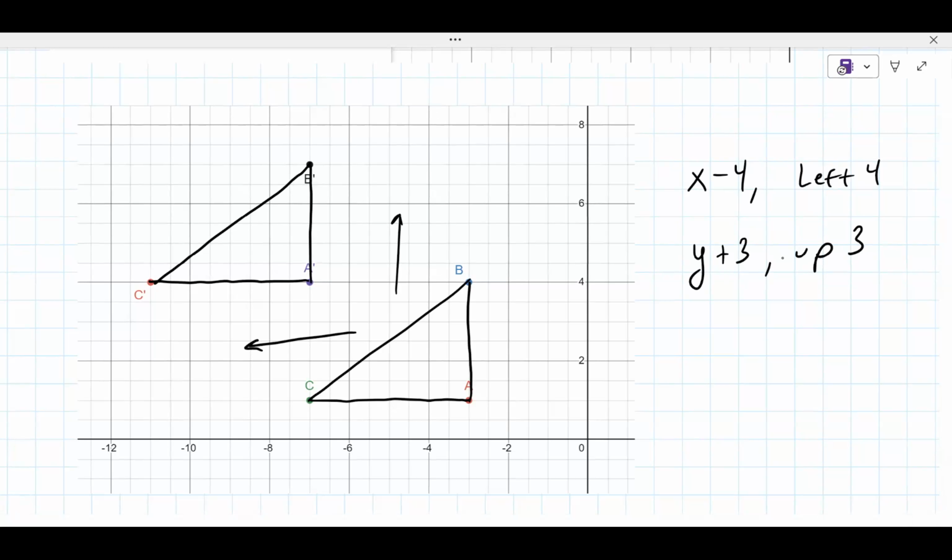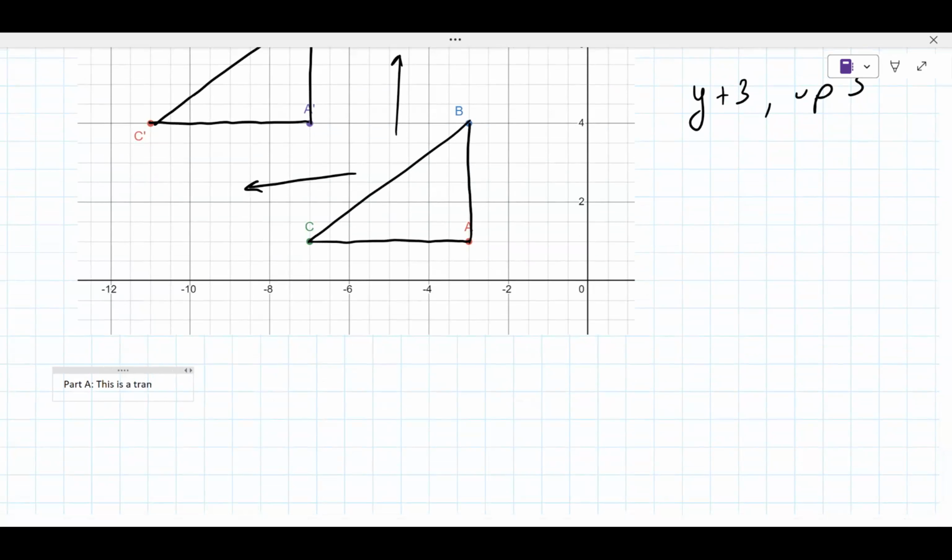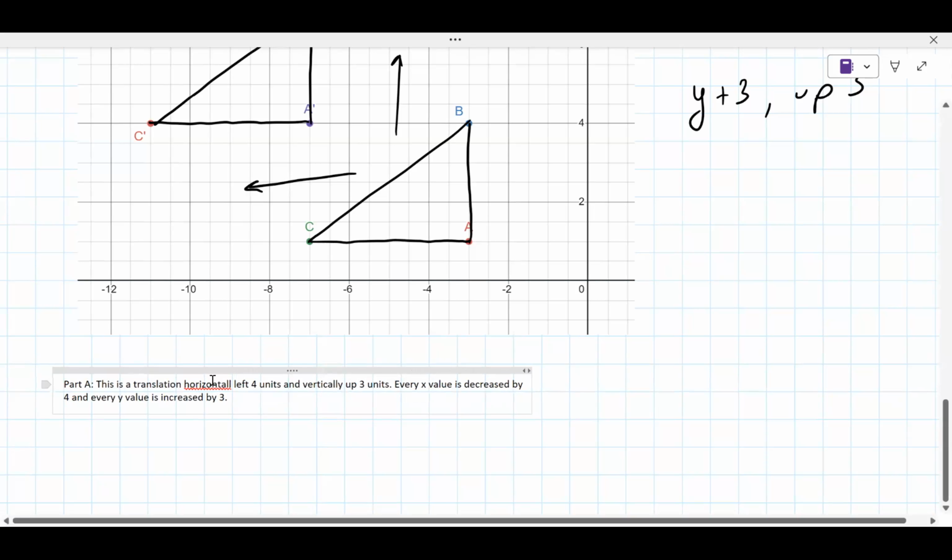In terms of how to answer part A, I guess I've done more than I needed to here, but you want to say that this is a translation horizontally left 4 units and vertically up 3 units, as every x value is decreased by 4, and every y value is increased by 3. This other stuff I've done is really applicable to parts B and C.